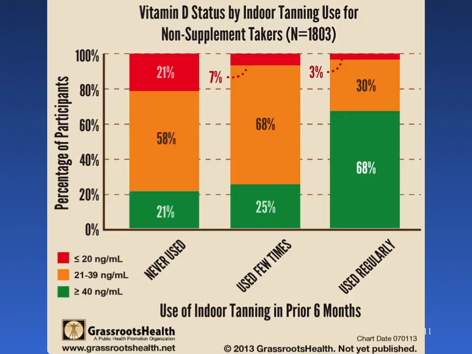Almost 70% of participants who use indoor tanning on a regular basis had a serum level of 40 nanograms per milliliter or higher, compared to about 25% of those who never or infrequently use indoor tanning.